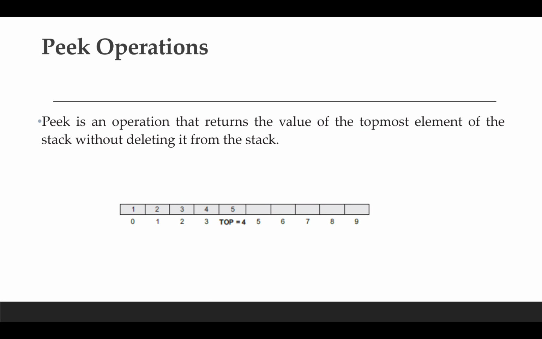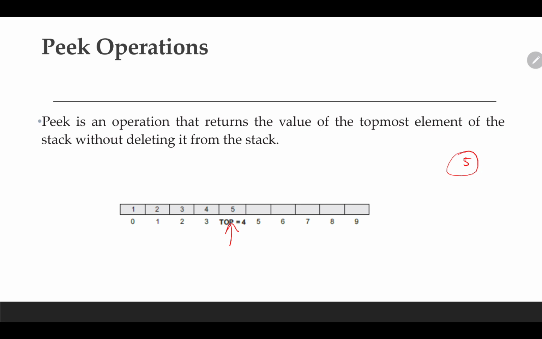In the peek operation, the topmost element of the stack will be returned. It returns the value of the topmost element without deleting it from the stack. Here you can see the top is here, so when you use the peek operation, it will return the value 5.